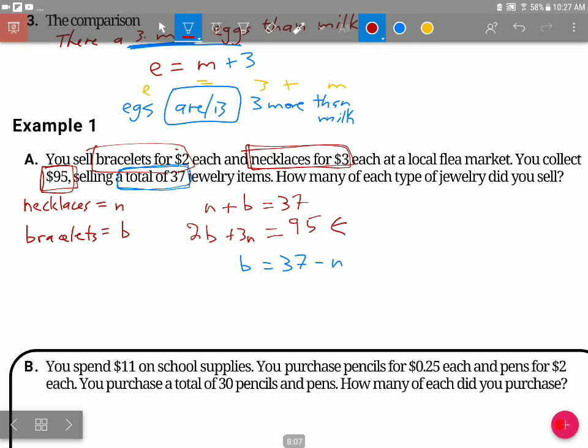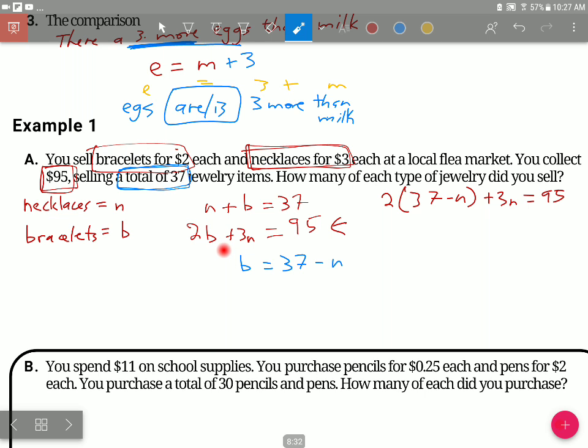How are you going to write it out? 2 times parentheses 37 minus N, good, plus 3N equals 95. Cool. We just took this second equation, just like we did last week, and we plugged that in for B.